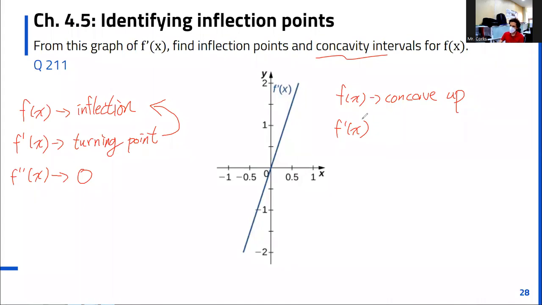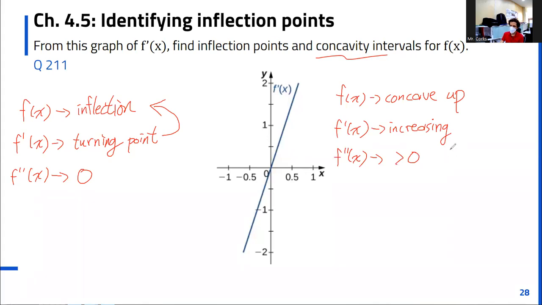When our original is concave up, our first derivative is increasing. So the slopes are getting steeper and steeper. First derivative is increasing. And our second derivative here is greater than 0. It's some positive number.